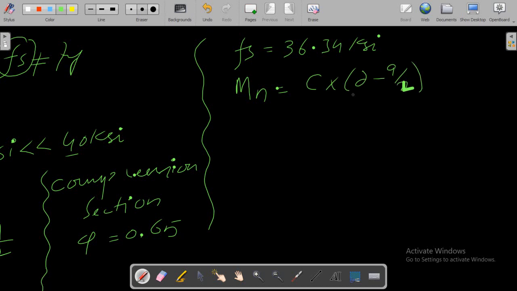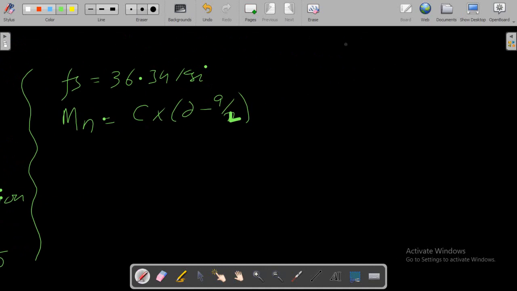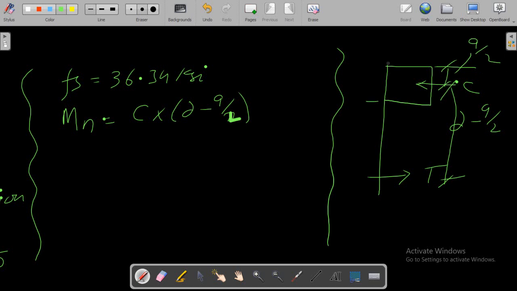We know from the analysis we did in the previous section that, let's say we have a section right here, we have a rectangular stress block here, and we have compression right here, that is C, and we have tension right here, that is T. The center to center distance between these two is d minus a over 2, because this is the extreme fiber, this distance is a over 2, this depth of the concrete stress block is a, right?